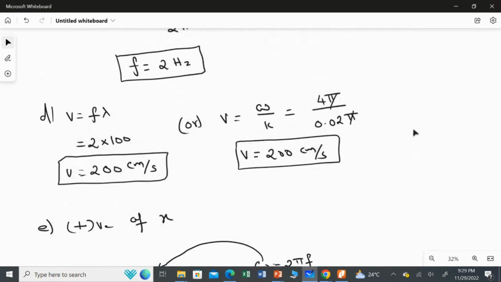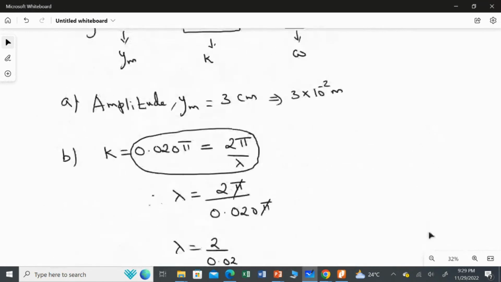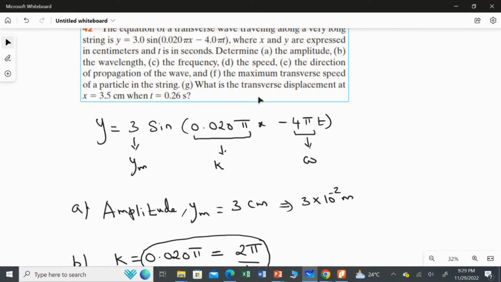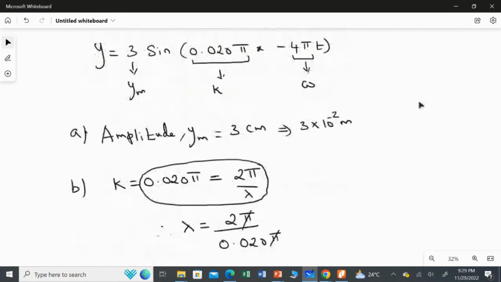Okay. Now we have to go to the seventh question. I think this is the last question. What is the transverse displacement at x equal to 3.5 centimeter when t equal to 0.26 seconds? So we are going to find the displacement of the wave, the transverse displacement.